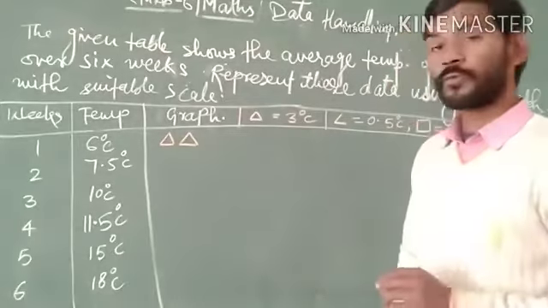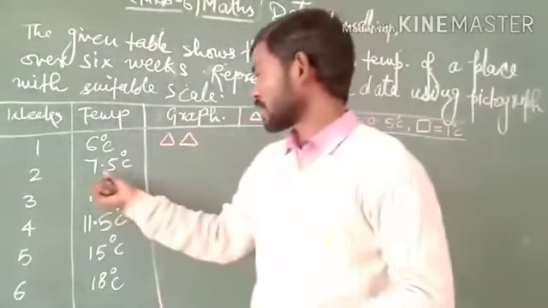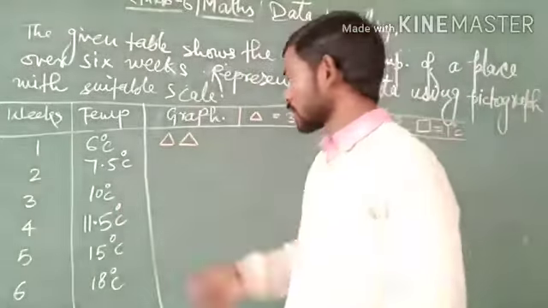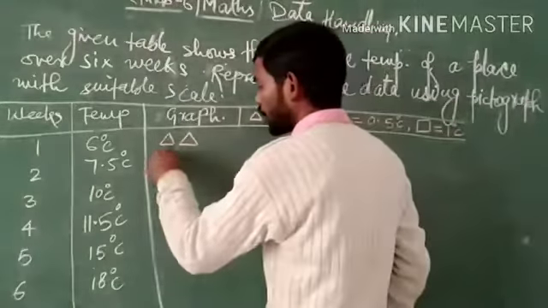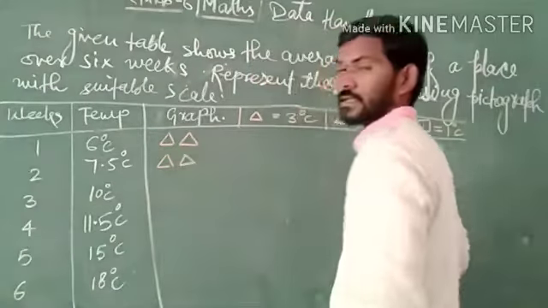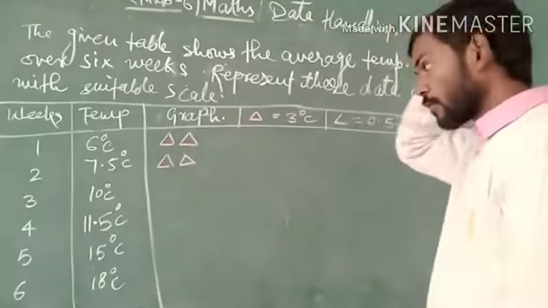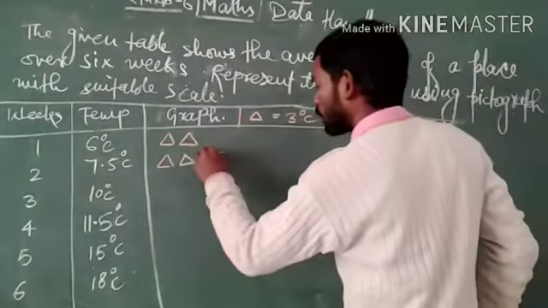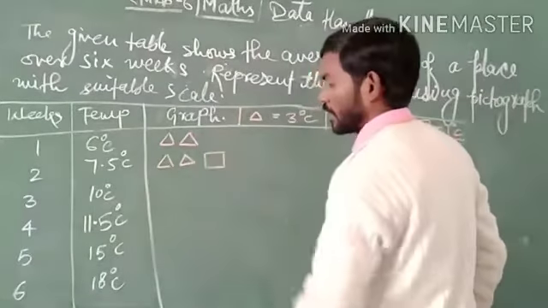Now in the next week we have the temperature as 7.5 degrees centigrade. So first of all we draw two triangles, which will represent 6 degrees centigrade, and for 1 degree centigrade we define a square. Therefore we draw a square.